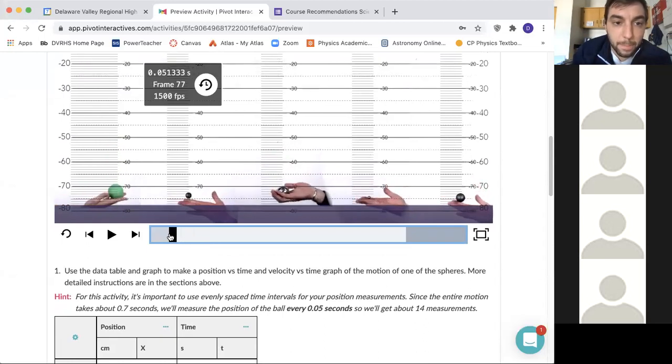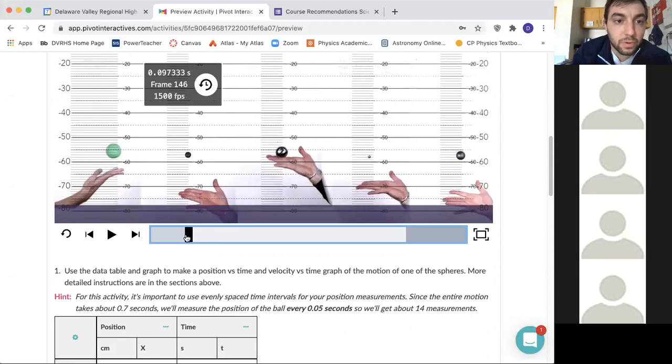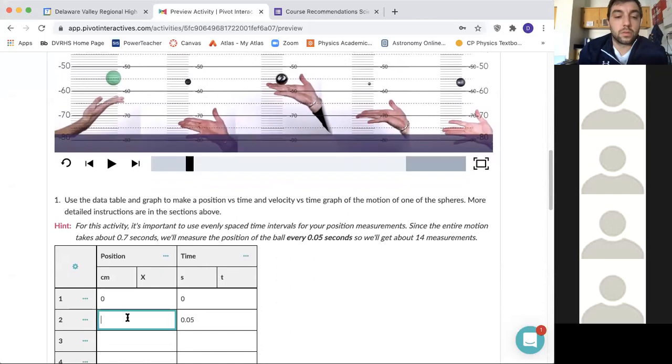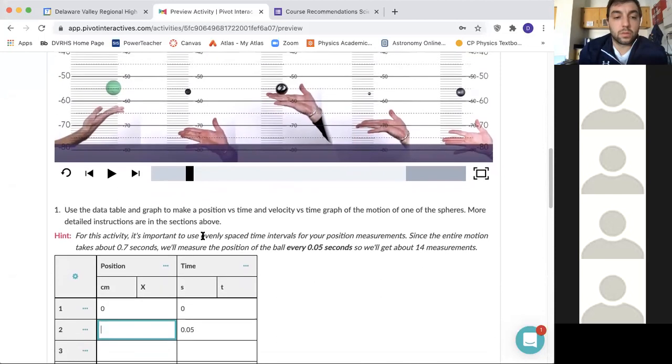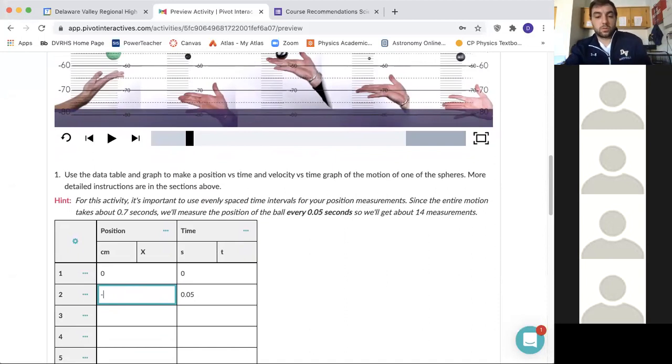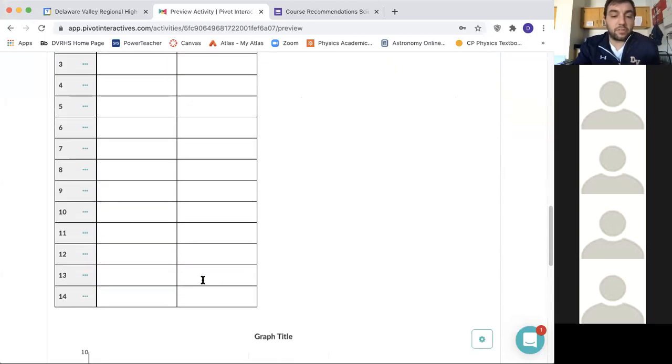She went from negative 75 centimeters to, it looks like, negative 57 centimeters. And use this position, negative 75 centimeters, to start.